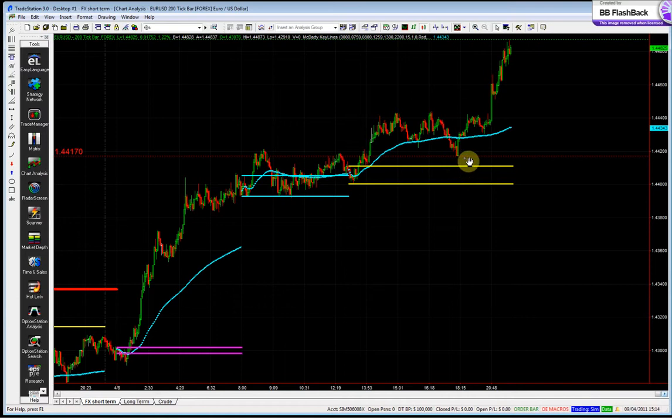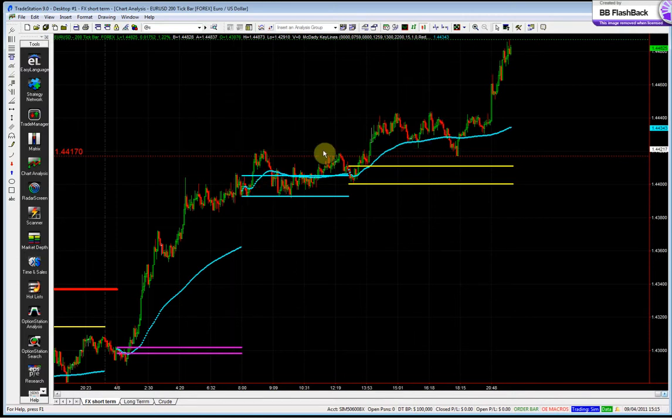Okay. Here's a low we've made. We're taking into account a couple of highs here, a couple of momentum highs, a little bit of consolidation. These two highs here have been respected by this pullback.